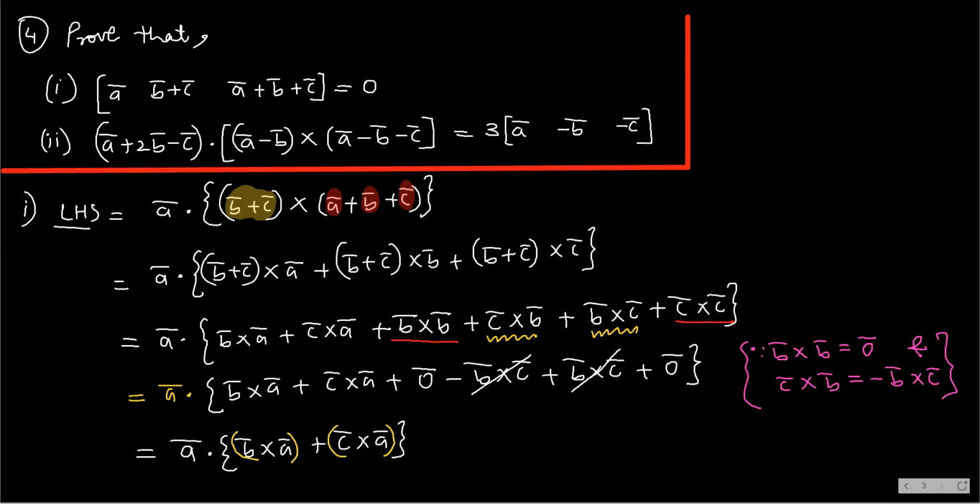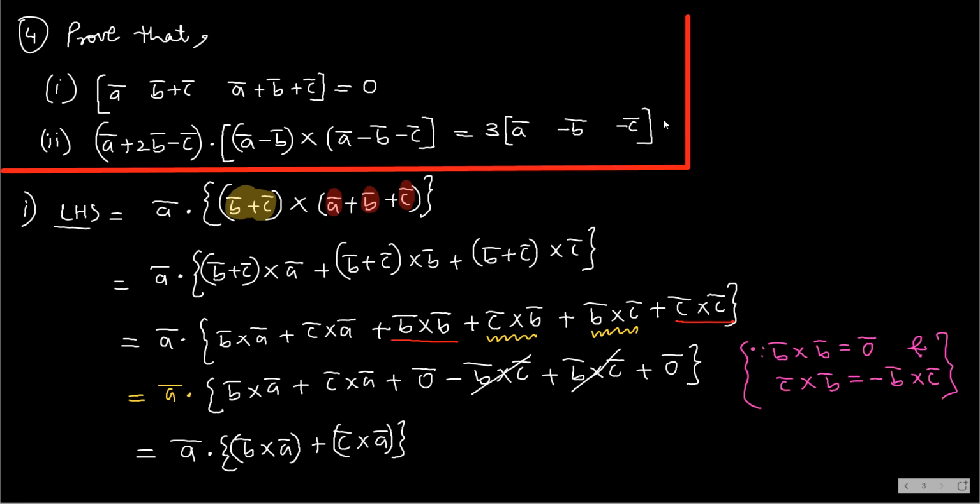So what will I do now? I will go for the distribution of dot over sum. See, this is one vector, this is another vector, and in between I have plus sign. I will distribute dot over plus. So A bar dot this vector plus A bar dot this vector. Okay. So let us now do that. So in the next step, see what I write.